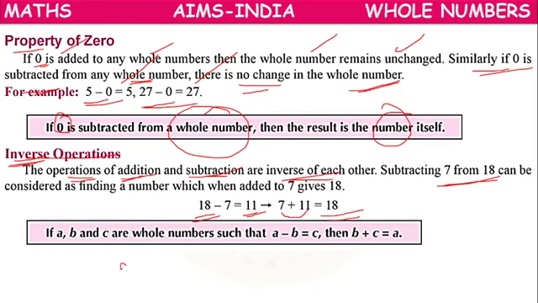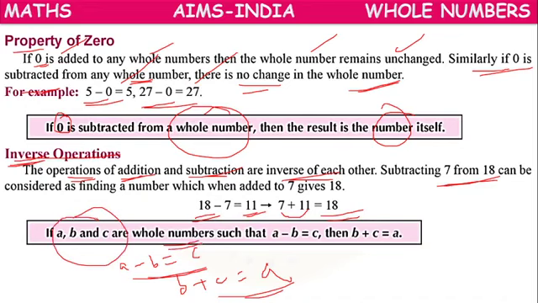It means if we do A minus B, and the result is C, then B plus C equals A. This is subtraction, and it can be written as addition, where A, B, C are whole numbers. So inverse operations of addition and subtraction are possible with whole numbers.